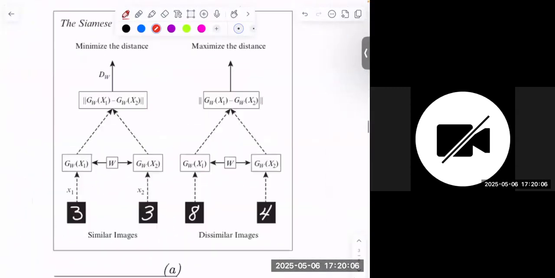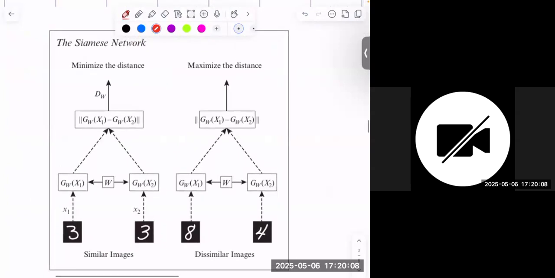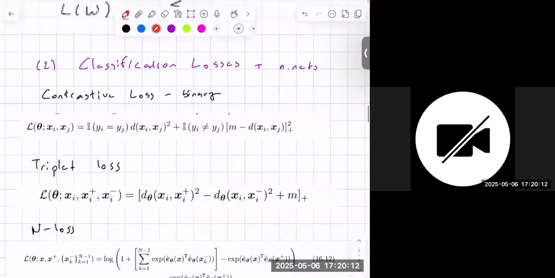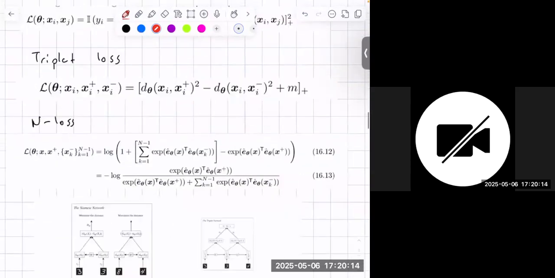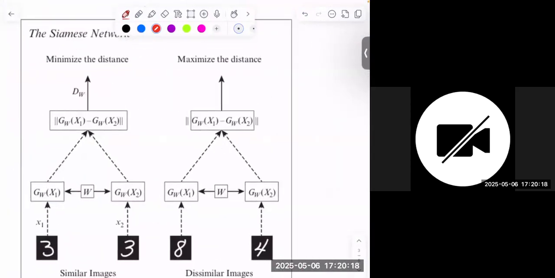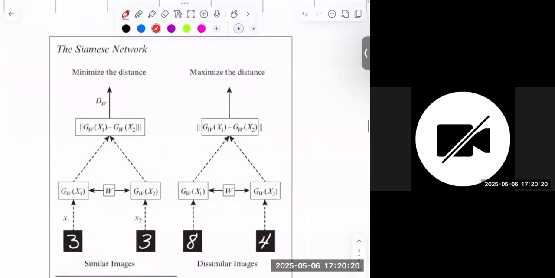The first one, contrastive loss, is also called a Siamese network. I guess it's named after Siamese twins. People are creative with names. And what are you trying to do?